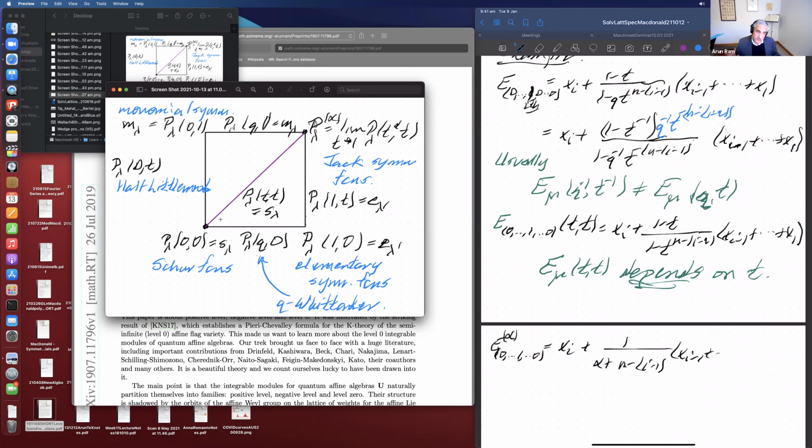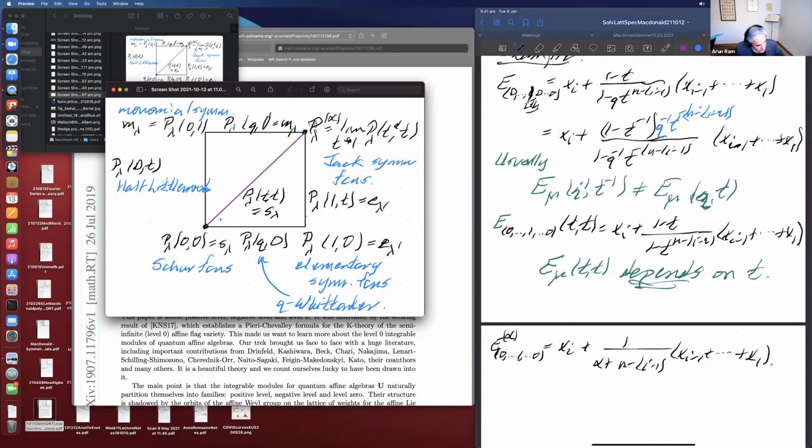So the Jack version, the limit makes sense. There's no problem. When you actually try to do a Jack version of E's, you don't have any problems taking the limit, and you might as well look at them.